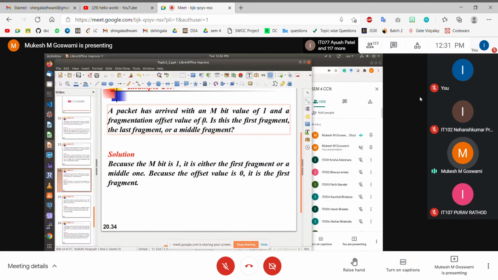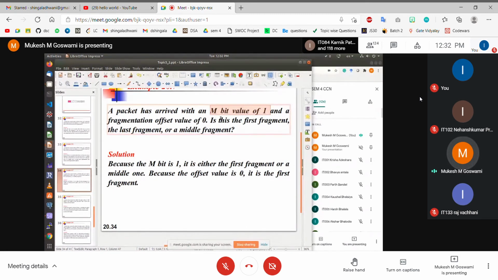The value of offset is 0 only for the first fragment, right? So since the value of offset is 0 and m bit is equal to 1, we can tell that this is definitely going to be the first fragment. This is definitely not a last fragment, and it is also not a middle fragment. So that is how we can tell by looking at the offset value and the m bit value.